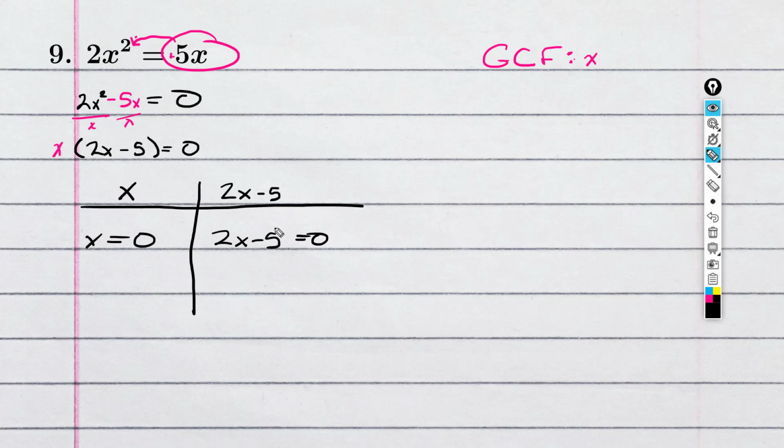The one on the other side, we have 2x minus 5, so we need to move our negative 5 to join our 0, making it positive. So 2x is equal to 5. We need to split the 2 away from the x. So we're going to divide both sides by 2. And so we have x is equal to 5/2.